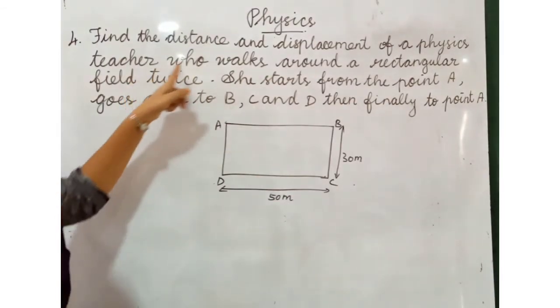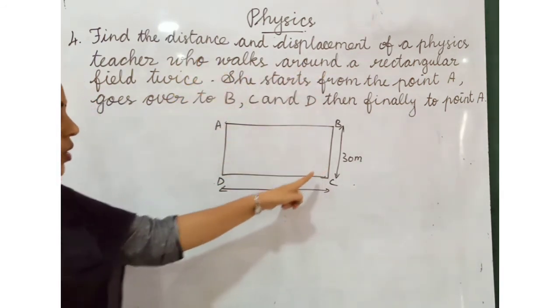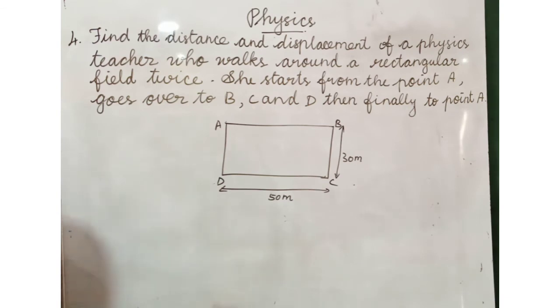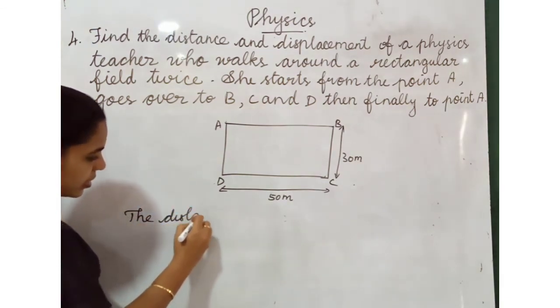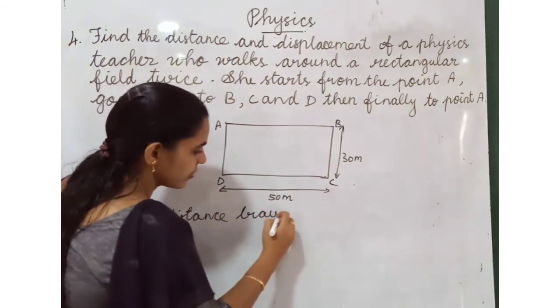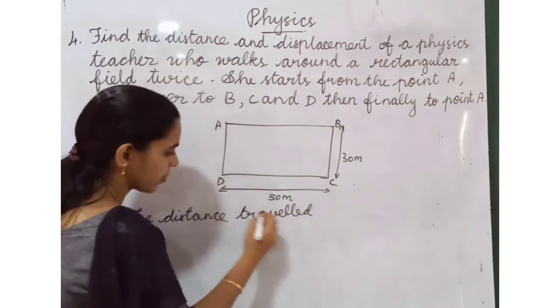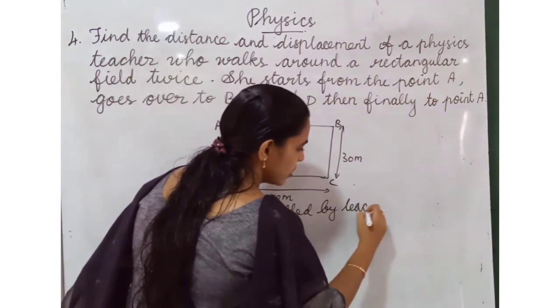First, she walks around a rectangular field twice. So we have to find the distance travelled by the teacher once.